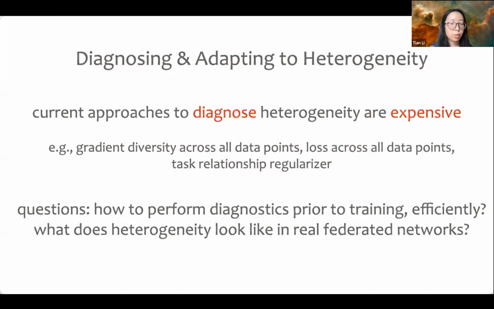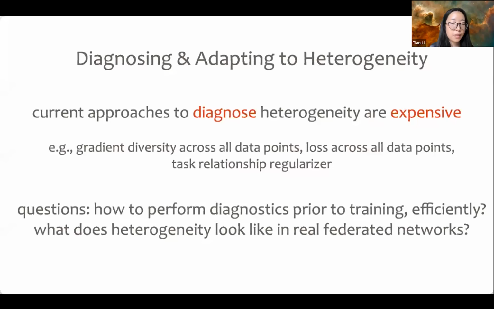So usually we can use gradient diversity across all the data points or some loss differences across all the clients or form some task relationship regularizer to model the data heterogeneity. But especially in the cross-device setting where we have potentially thousands to millions of devices, those approaches can be very expensive. And the questions there are how to perform diagnostics, ideally before training, in an efficient way.